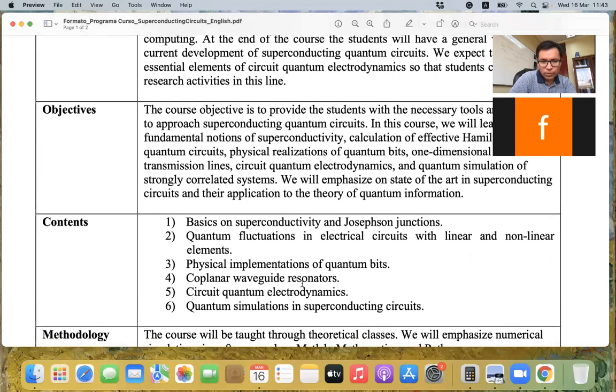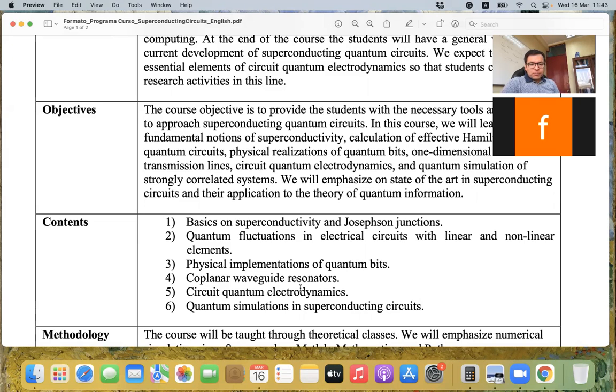Then the topic 4, we will cover coplanar waveguide resonators. Here we'll see how we will provide microwave photons in our system.